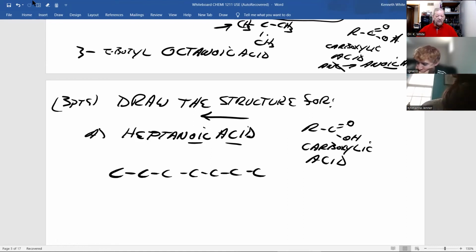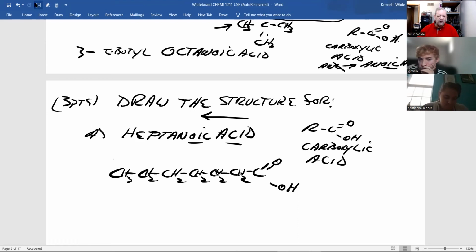Now, I always write my carbonyl on the right. You could do it on the left. I don't. Good habits I don't break. And it's a carboxylic acid. I have my hydroxyl group and carbonyl. And I know there are 4 bonds to carbon. And I'm done.